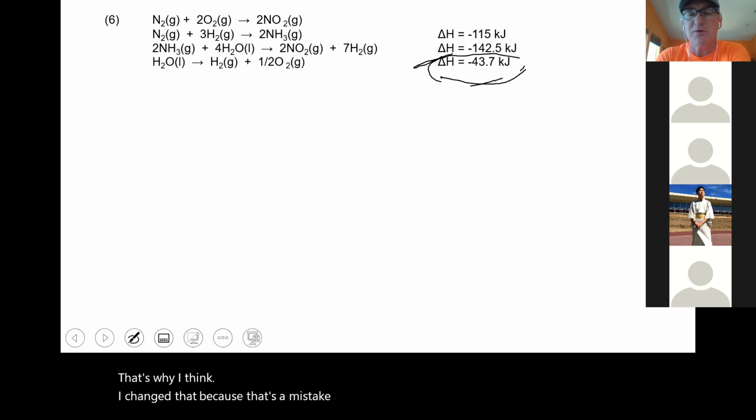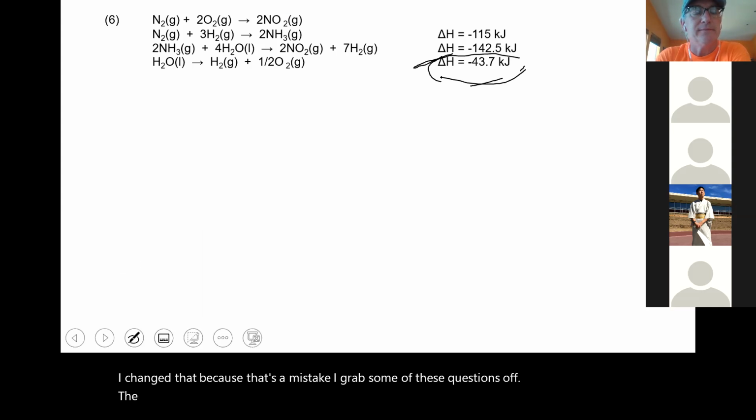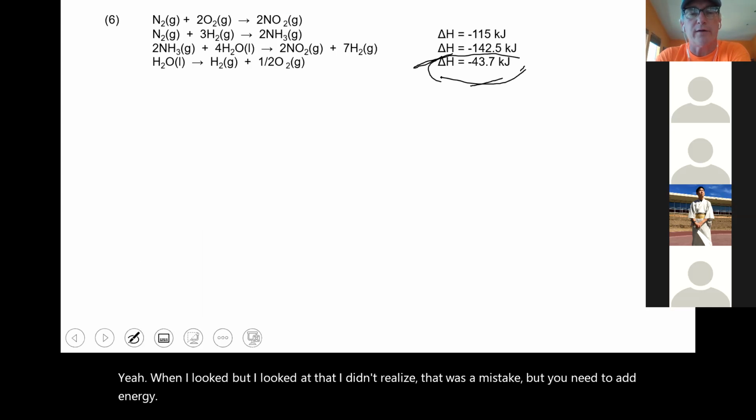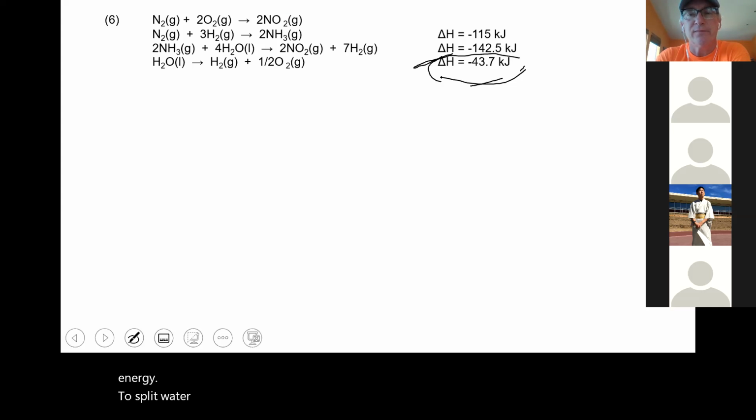I grabbed some of these questions off the internet, and when I looked at that, I didn't realize that was a mistake. But yeah, you need to add energy to split water into hydrogen and oxygen. That takes energy to do, so that has to be positive. Got it. All good then.